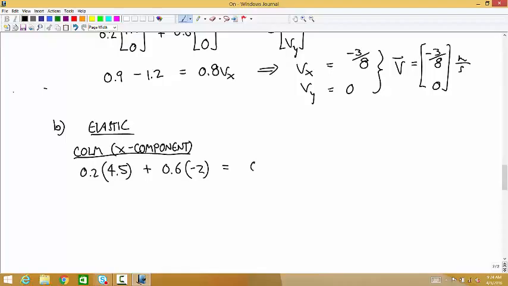And after, we have 0.2 times, I'll call it V1, plus 0.6 times V2. And I'll rewrite this as 0.2 V1 plus 0.6 V2 is equal to negative 0.3.